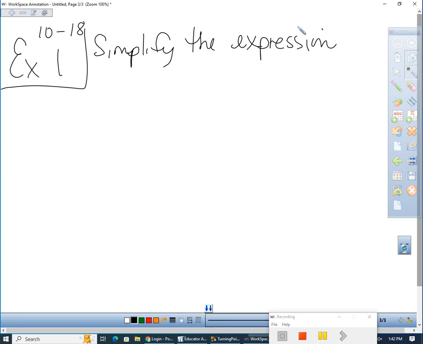So let's start off with a really easy one. Let's say I have 16 to the 1/2. That means I have 16 to the first power inside a square root. Four, exactly. So this is 4.